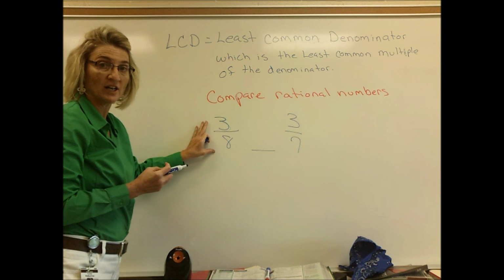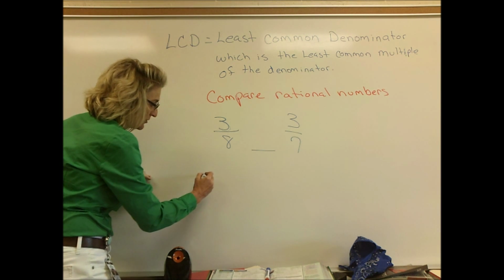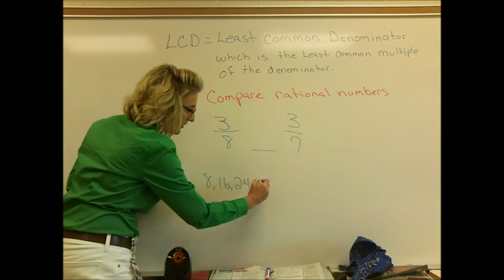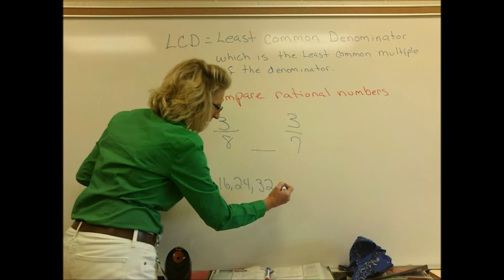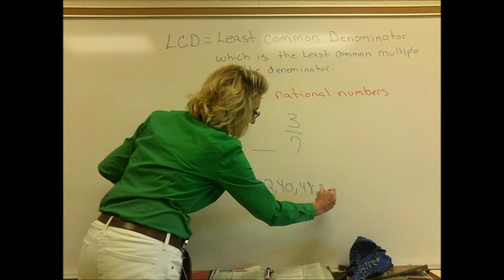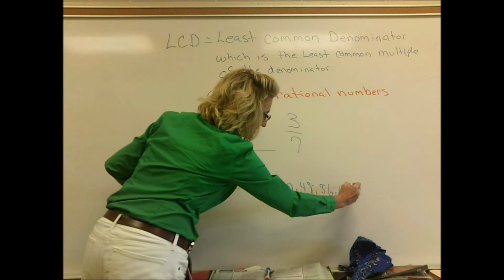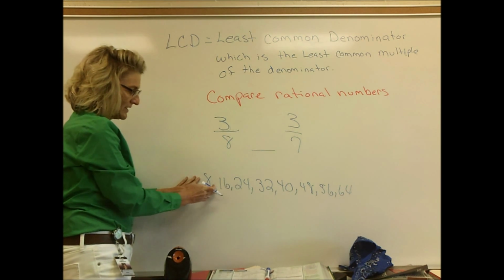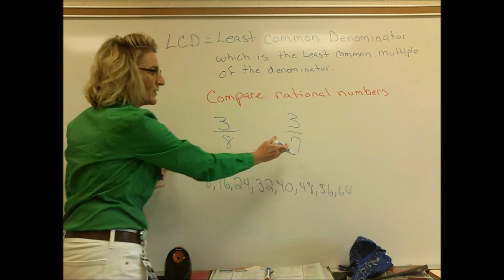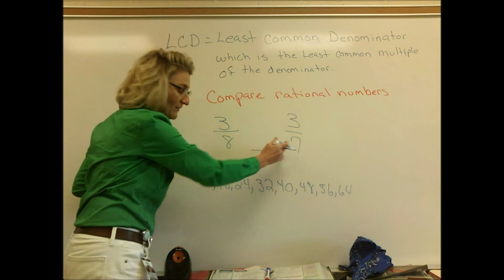Well, I could sit here and I could list my multiples of 8. So I have 8, 16, 24, 32, 40, 48, 56, and 64. And we know this. 8 times 1 is 8, 8 times 2 is 16, 8 times 3, 24, and so on. All of my multiples of 7.